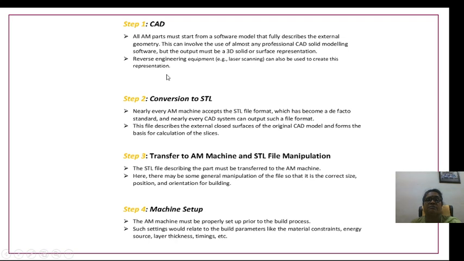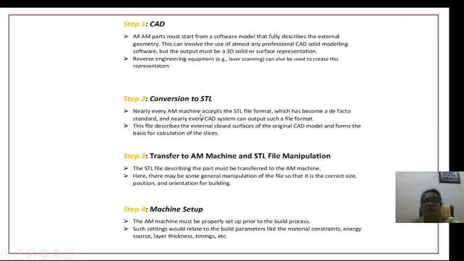The next option is reverse engineering equipment; laser scanning can also be used here to create the representation. The next step is to convert to an STL model, that is conversion of the CAD model into STL format or an AM machine acceptable format, in such a way that the AM machine can accept it.